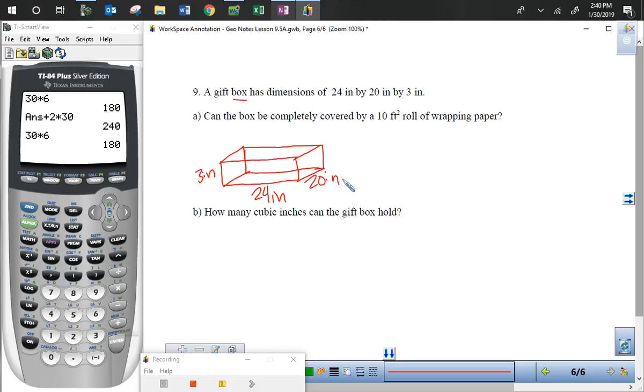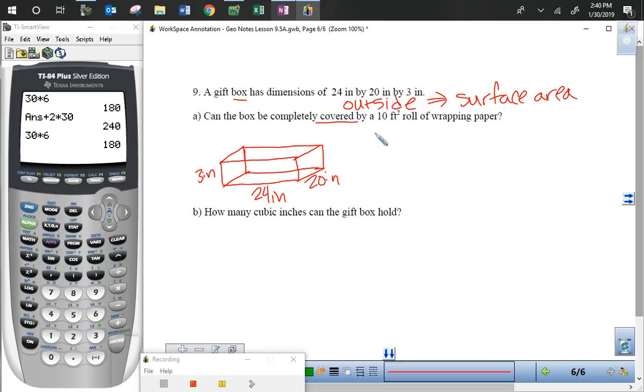Now, the first question asks us, can the box be completely covered by a 10-foot square roll of wrapping paper? So this word covered tells me outside. And outside tells me the surface area.